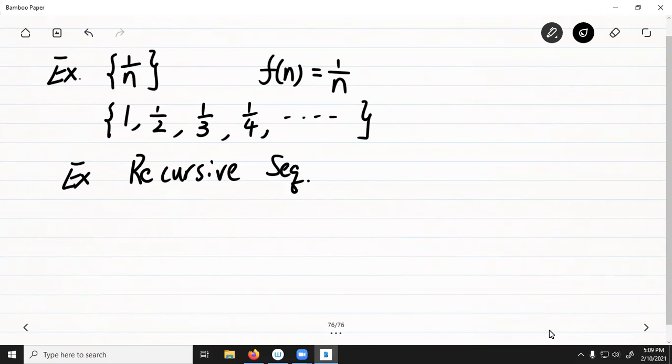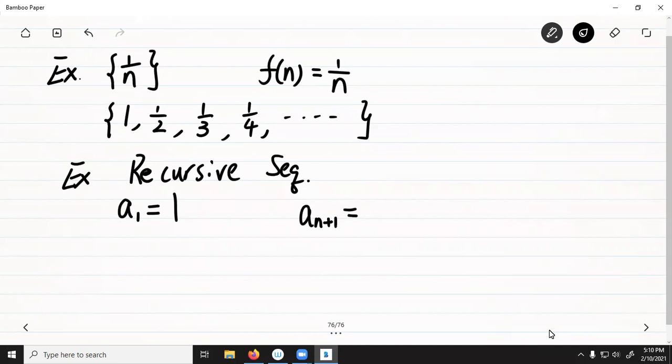Okay. So a recursive sequence is a sequence that is determined by the first item, the first number, and also a relation between a sub n plus 1 and a sub n. This is one example of a recursive sequence. We are given a1 equals 1. Then we use this relation, where a sub n plus 1 is determined by a sub n, the previous one.